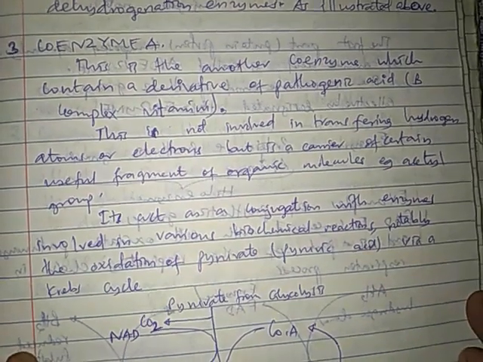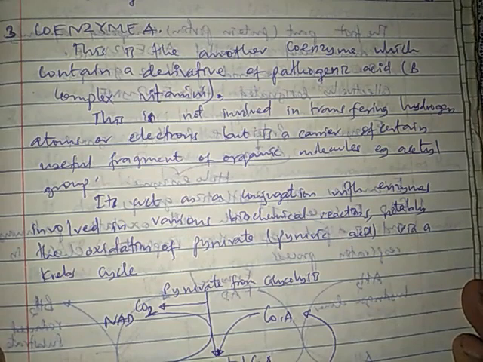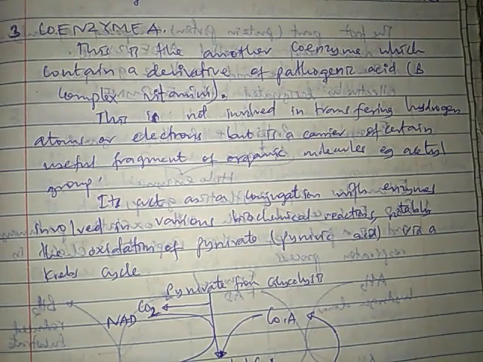Another important coenzyme is coenzyme A. This is another coenzyme which contains a derivative of pantothenic acid, a B complex vitamin. Now, this is not involved in transferring hydrogen atoms or electrons, but is the carrier of certain useful fragments of organic molecules such as the acetyl group.